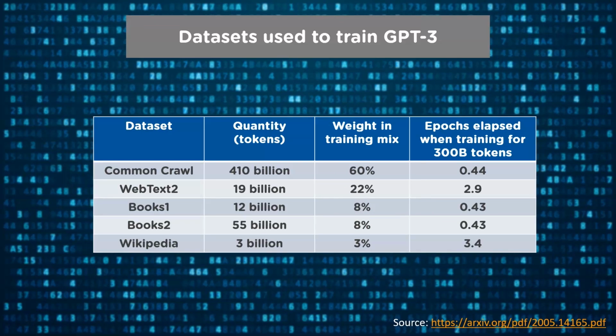GPT-3 models carrying 175 billion parameters are trained with 499 billion tokens in total, out of which Common Crawl with 410 billion tokens has 60% of the training data. WebText2 with 19 billion tokens contributes 22% of the training data, and similarly you can see for Books1, Books2, and Wikipedia. So we have the respective tokens, the weight in training mix, and epochs elapsed when training for 300 billion tokens.